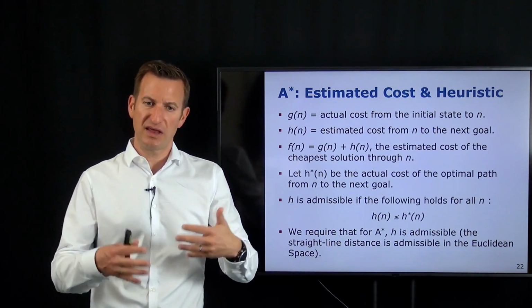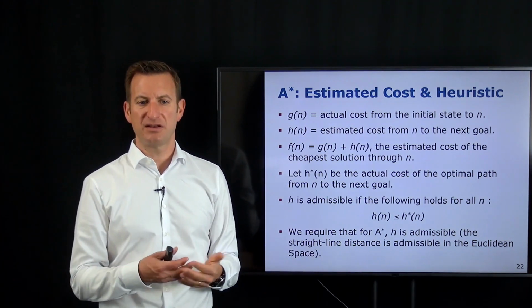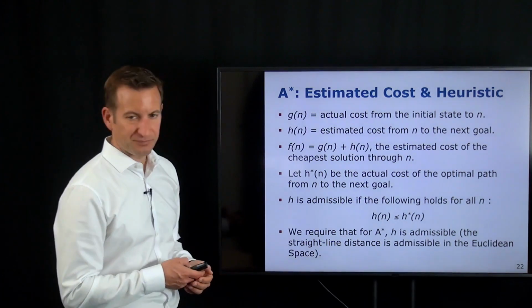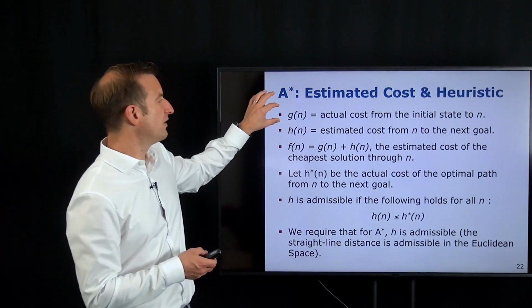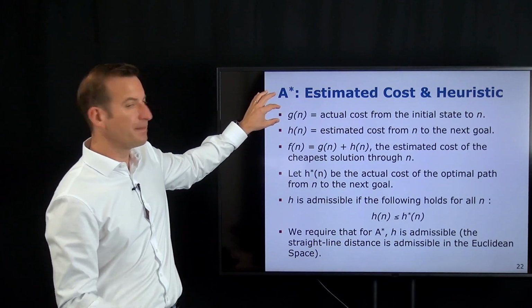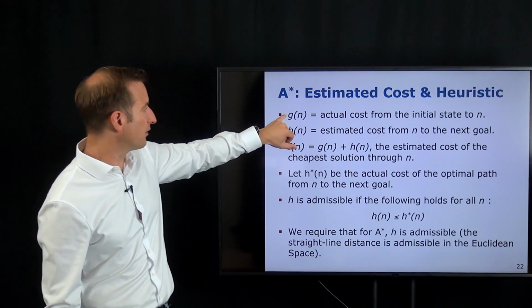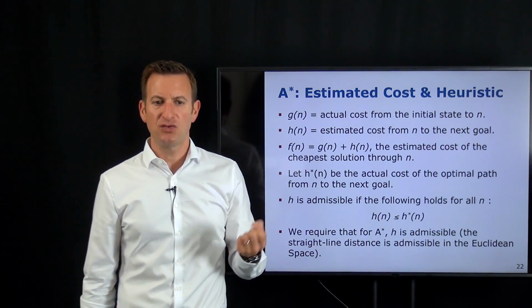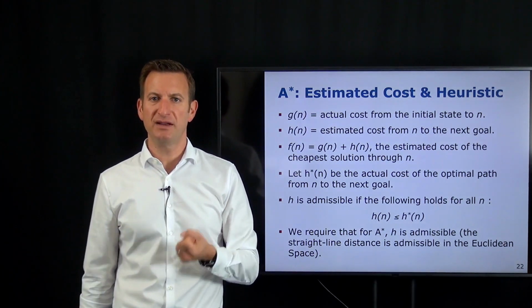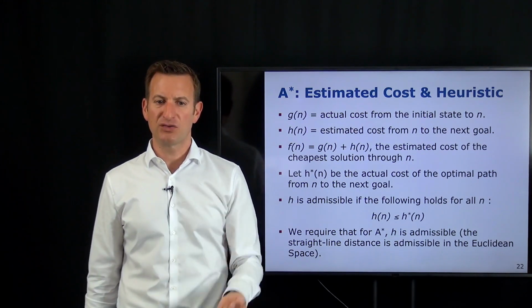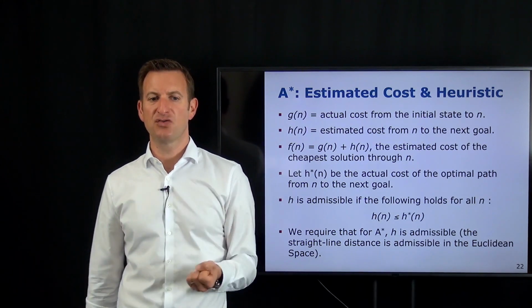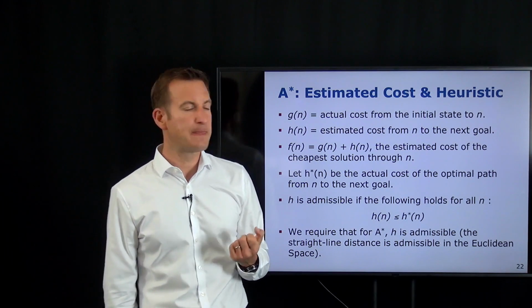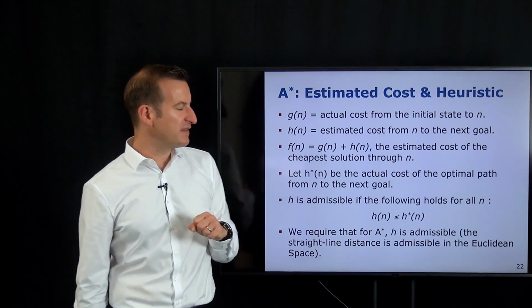So the cost that it actually takes plus estimated heuristic. And so what we have in here is we have the cost G, which is the actual cost from my initial state to a current state n. So G of n is a cost function of a node. How expensive is it from the initial state to reach this node n? And then we have the heuristic, which is the estimated cost.